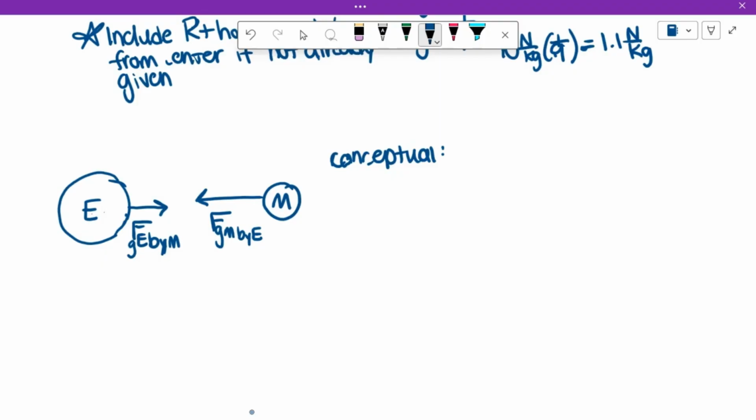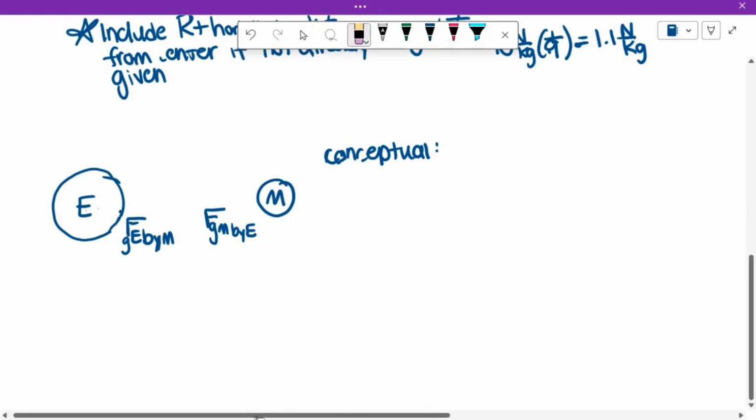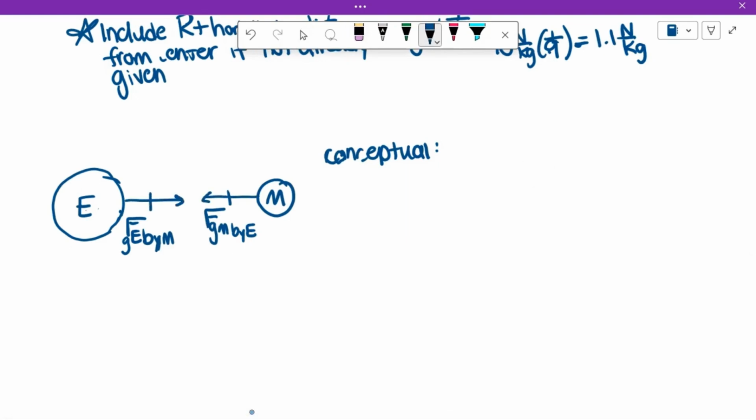So the force that the Earth exerts on the moon is equal and opposite to the force that the moon exerts on the Earth. These two force arrows should be completely equal in size because of Newton's third law.